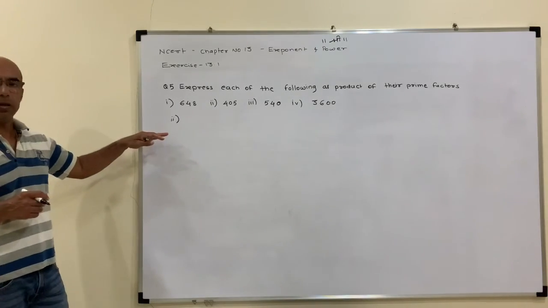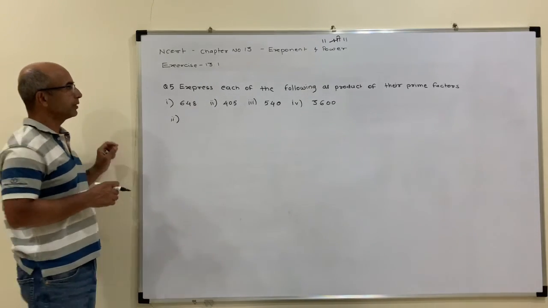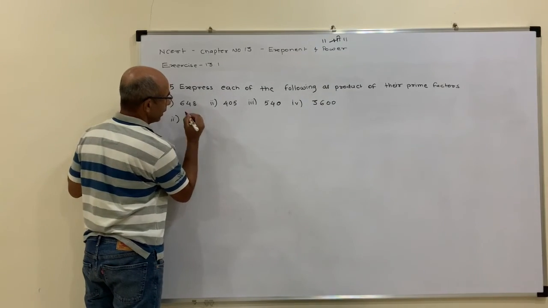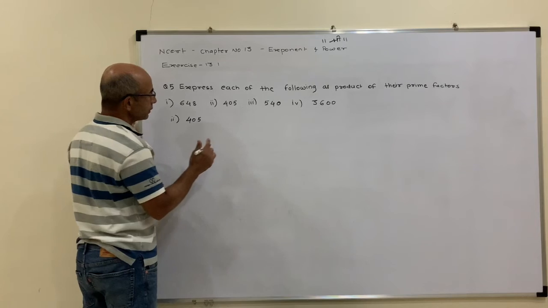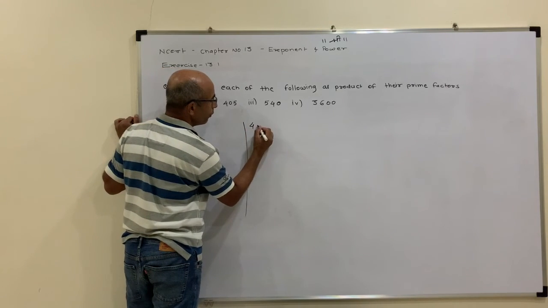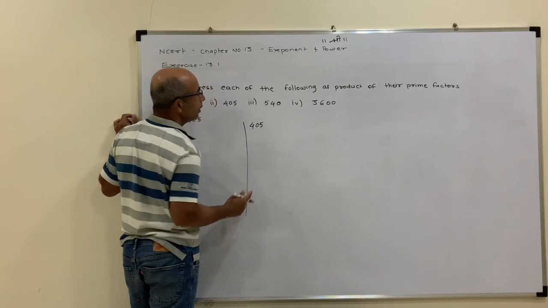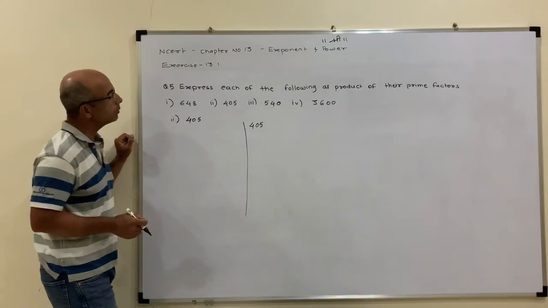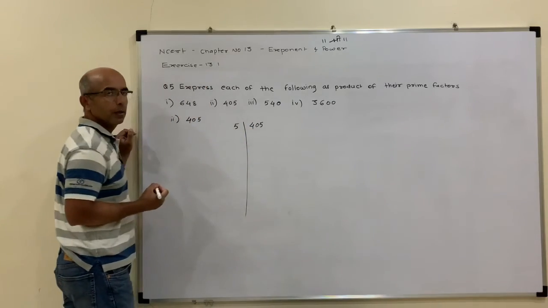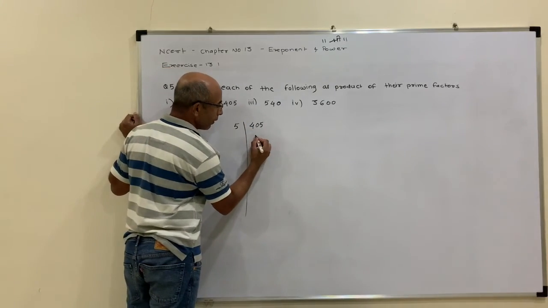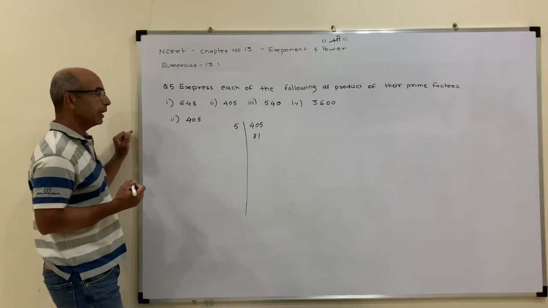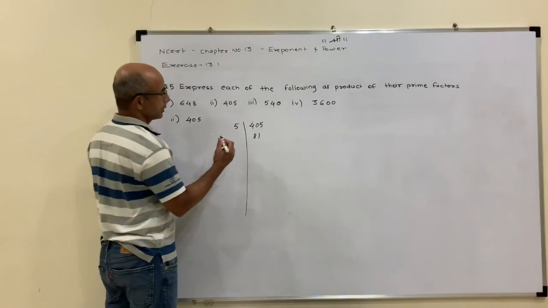Now let's solve the sub question 2, 405. Now let's first find, can it be divisible by 2? No. 3? No. 4? No. And then let's try to divide by 5. 5 8s are 40, 5 1s are 5. Now 81 is divisible by 3? Yes.